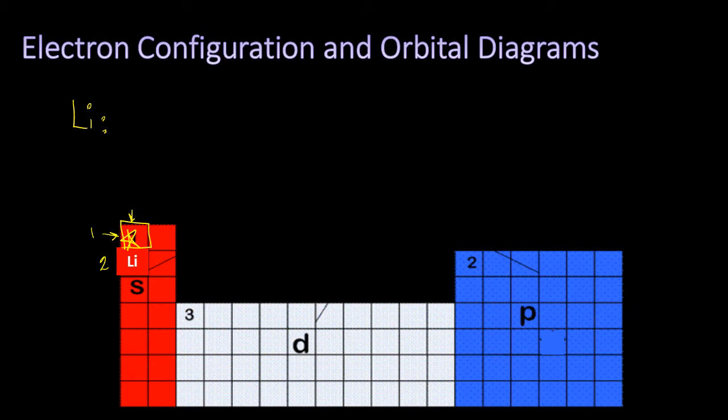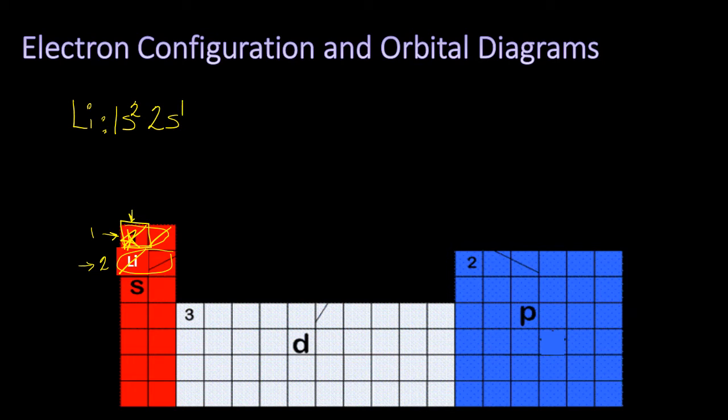So we start off with 1, and this block is called S. And if we think of it like a board game, 1, 2 places. Now we can go to the second energy level, 2. We're in what block? The S block. What position? 1.